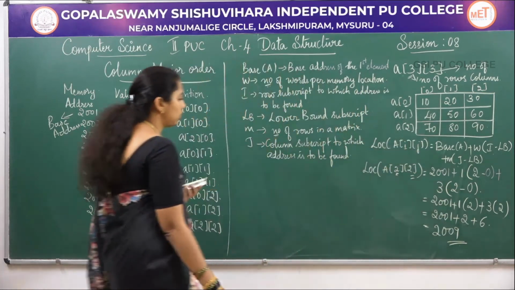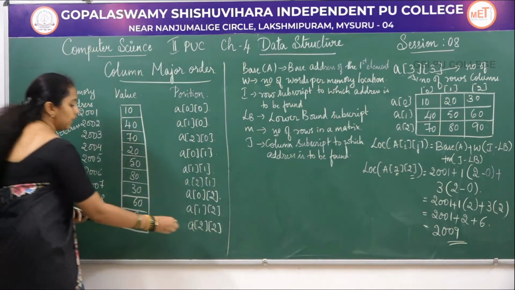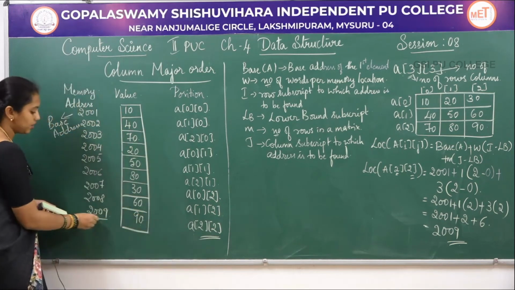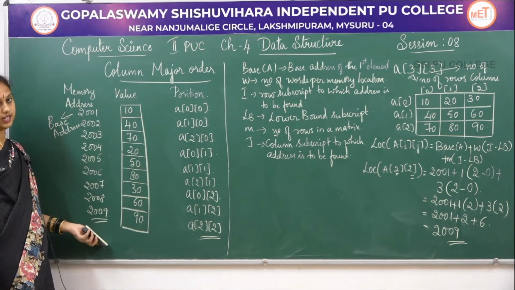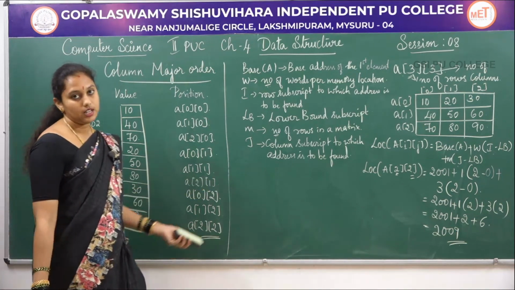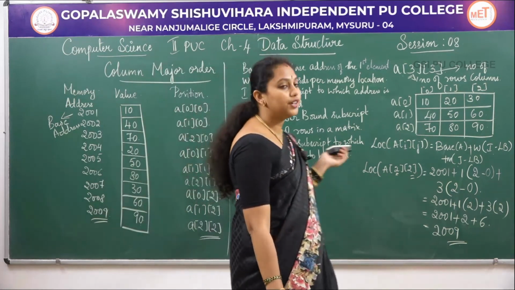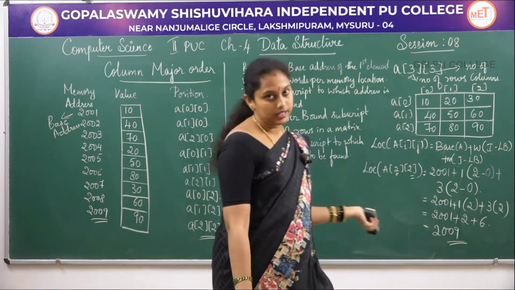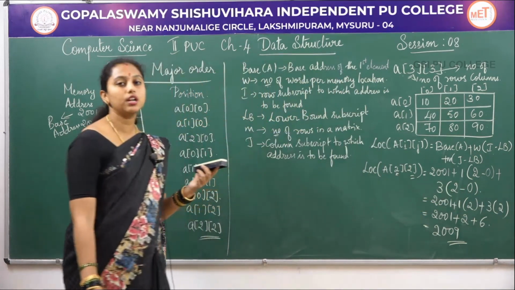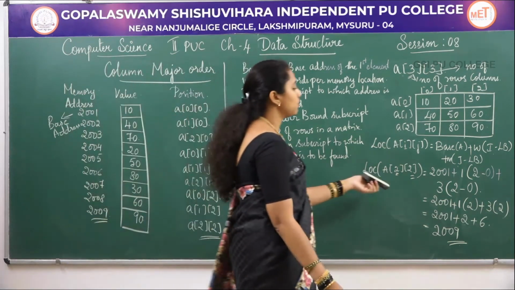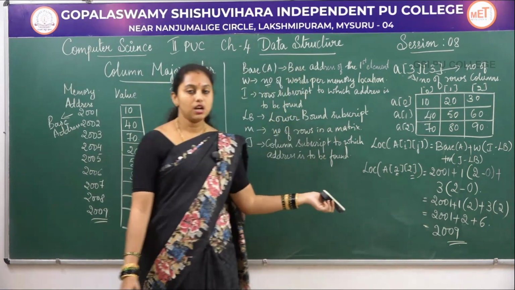Check whether it is correct or not. The memory address of A of 2 cross 2 is 2009. Hence it is correct. So this is how we calculate the memory address of any element in an array using column major order. This type of problem you will get for 3 marks.